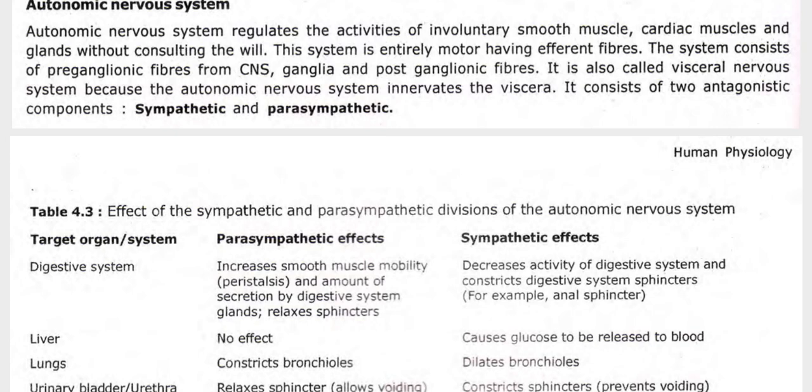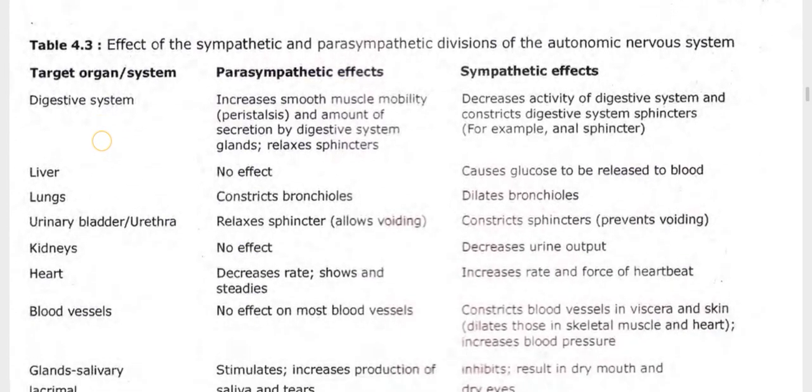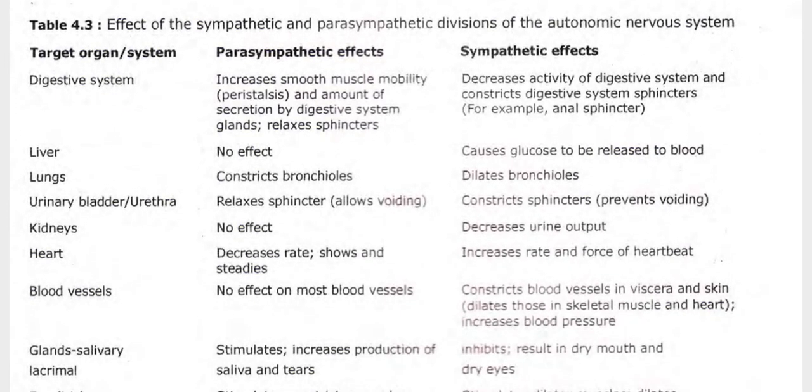It consists of 2 antagonistic components. Antagonistic in the sense they are just opposite functions performing. Sympathetic and parasympathetic. Effect of the sympathetic and parasympathetic divisions of the autonomic nerve system. Target organ is digestive system, and we try to consider the effect of parasympathetic system. You could see increases smooth muscle motility.